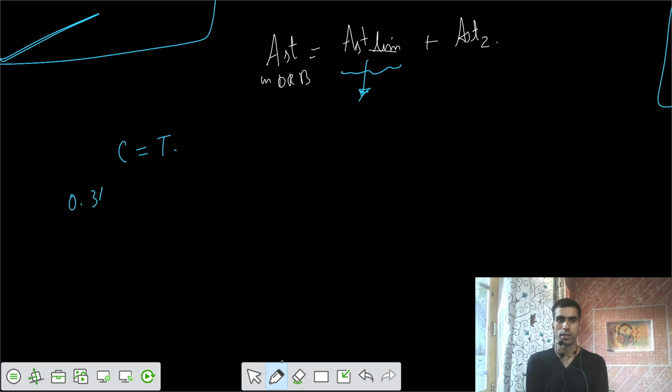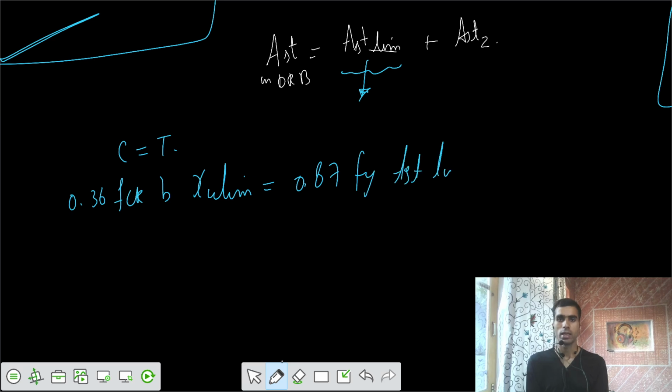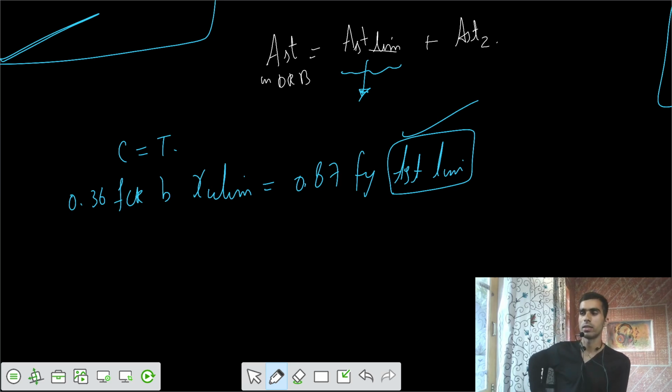I would say 0.36 fck b times xu limiting is equal to 0.87 Fy AST limiting. You can get the AST limiting here. So this was the design of our doubly reinforced beam. You only need to get the total steel AST, and you also need to get ASC. So this is all the design of the doubly reinforced beam.